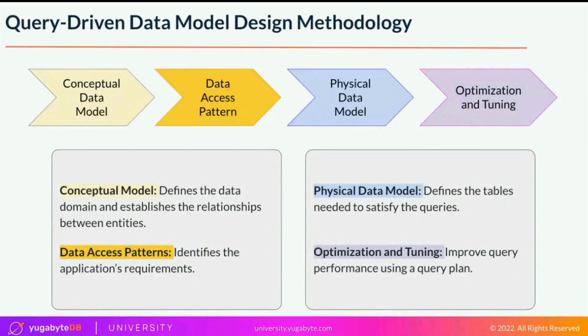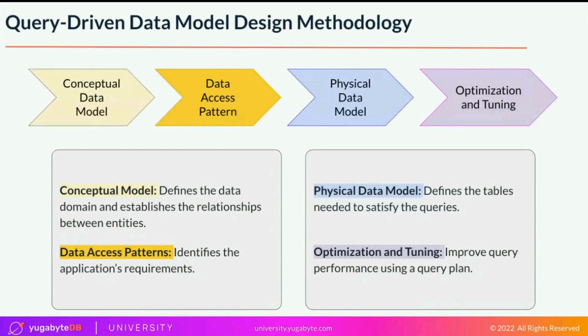And next, we'll talk about the physical data model and define what the tables need to look like in order to satisfy these queries. And remember, we're trying to use that single table design. So each query will only hit a single table. And specifically, we not only want it to hit a single table, we want those queries actually to be satisfied by a single tablet.